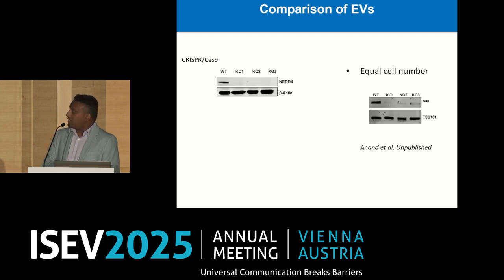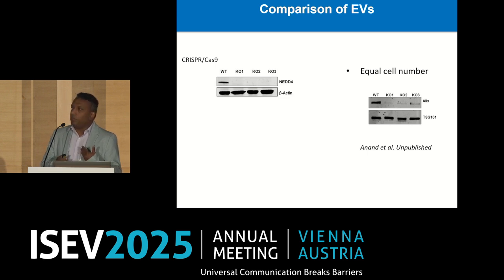This is one such example where, when you knock out the E3 ubiquitin ligase NEDD4, we can see there is no change in TSG101, which is a luminal protein that is present inside the EVs, especially the small EVs. But when you look at Alix, which is also a protein present in the small EVs, it is differentially sorted into the EVs upon the knockout of the E3 ubiquitin ligase NEDD4, right?